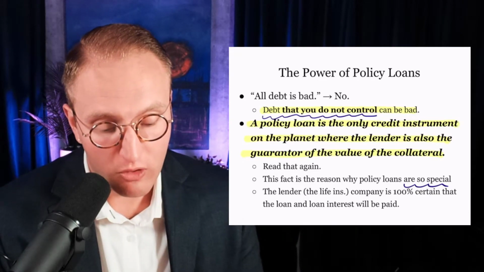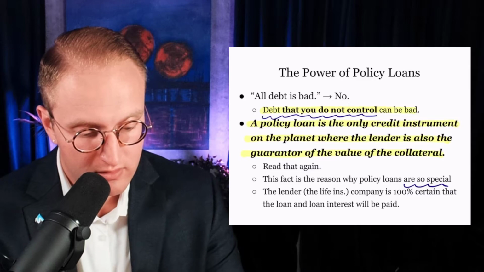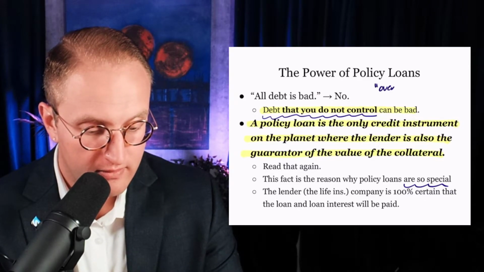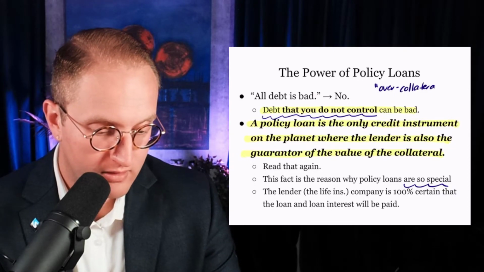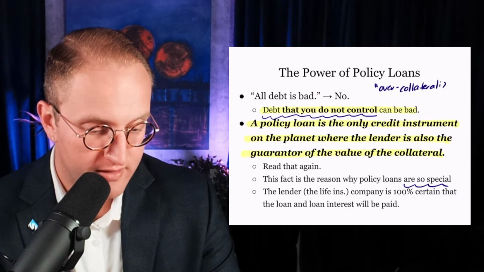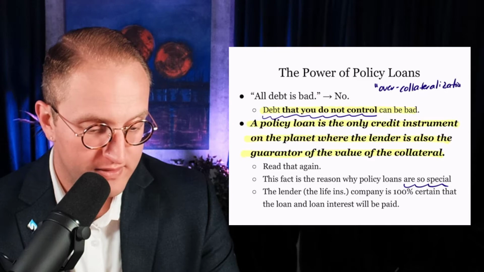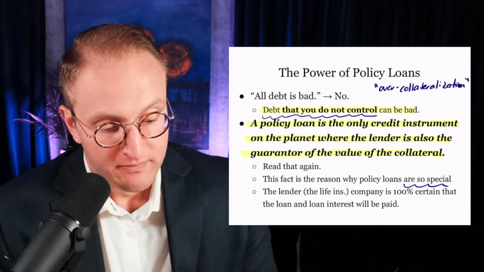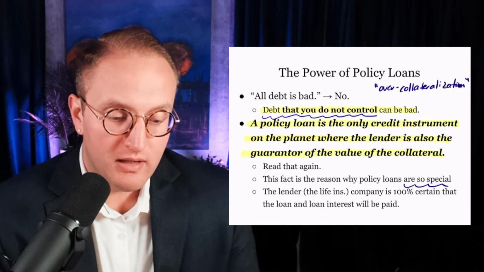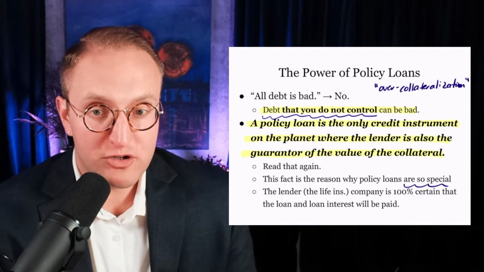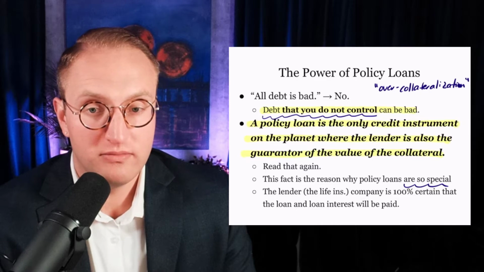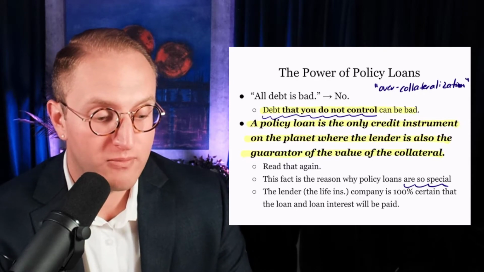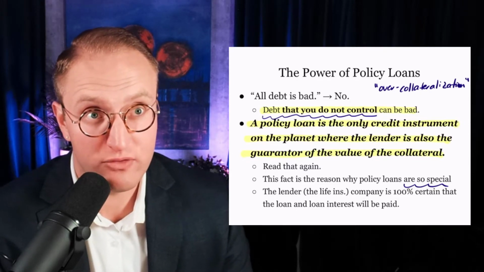There's a concept called over-collateralization. Okay, when a commercial bank, over-collateralization, I don't even know if it's a technical term, I don't know if it's in the dictionary, but it's a common phrase. You go to borrow money from a commercial bank, and you've got to put up collateral. You've got to specify what assets the bank could seize in the event that you default.